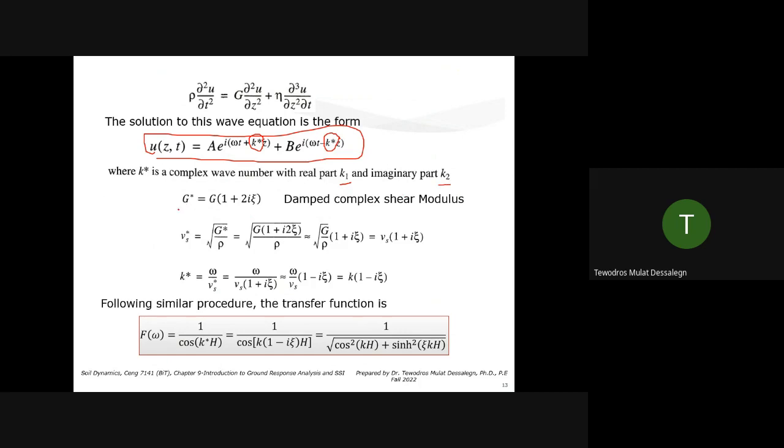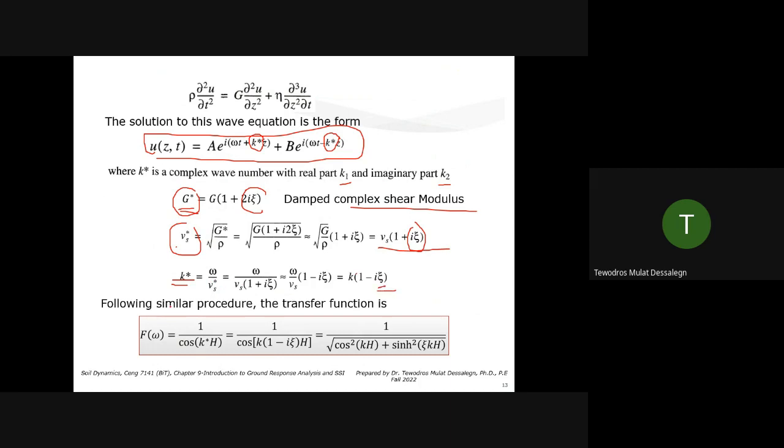The shear modulus that we were assuming constant now depends on damping, and it's a complex number, the damped complex shear modulus. If shear modulus is dependent on damping, then shear wave velocity is also the same. Shear wave velocity is the square root of G by rho, right? So it's a function of damping, and it's a complex number now. The wave number is also omega by Vs star. It's dependent on the damping.